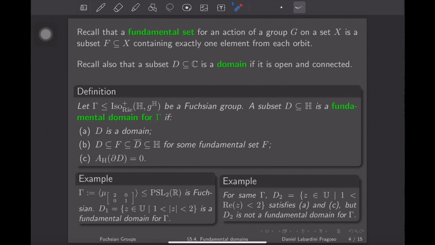Now one point is that even if X has some geometric structure, and even when G acts respecting that geometric structure, let's say X is a topological space and G acts by homeomorphisms, a fundamental set is, this definition is just a set theoretical definition, right? So this doesn't recover any geometry of the set, if any.